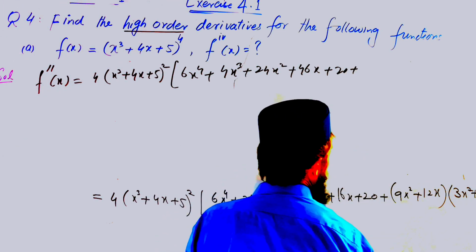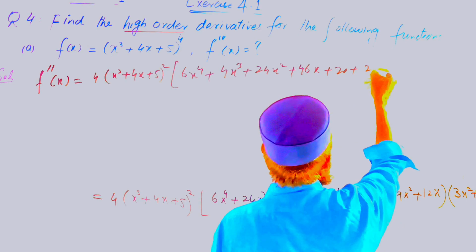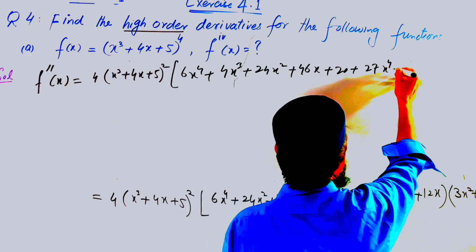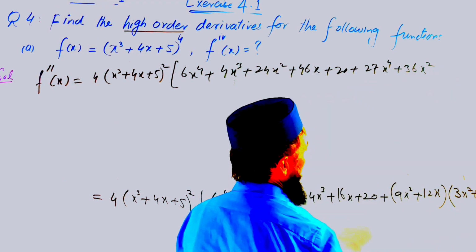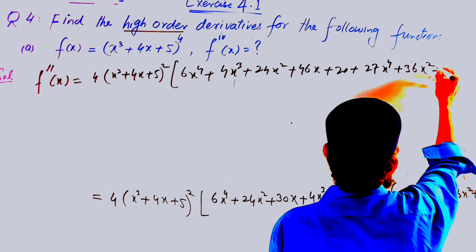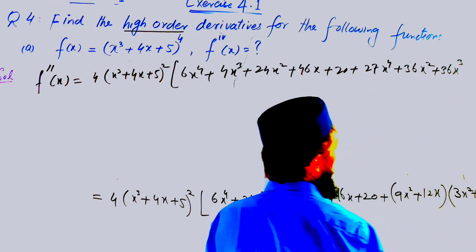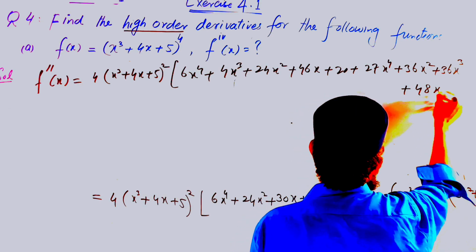Now open this, we get 9x square times 3x square is 27x power 4, then 36x square, plus 36x cube, plus 48x.